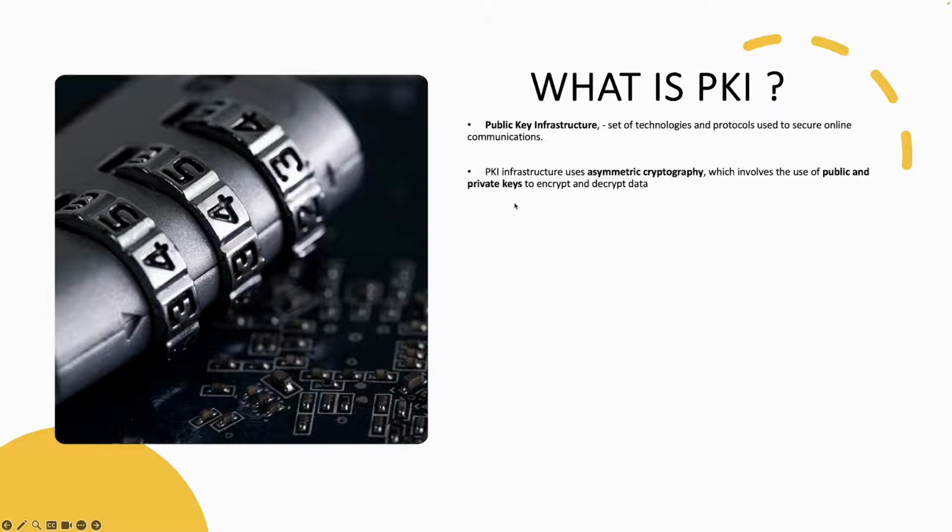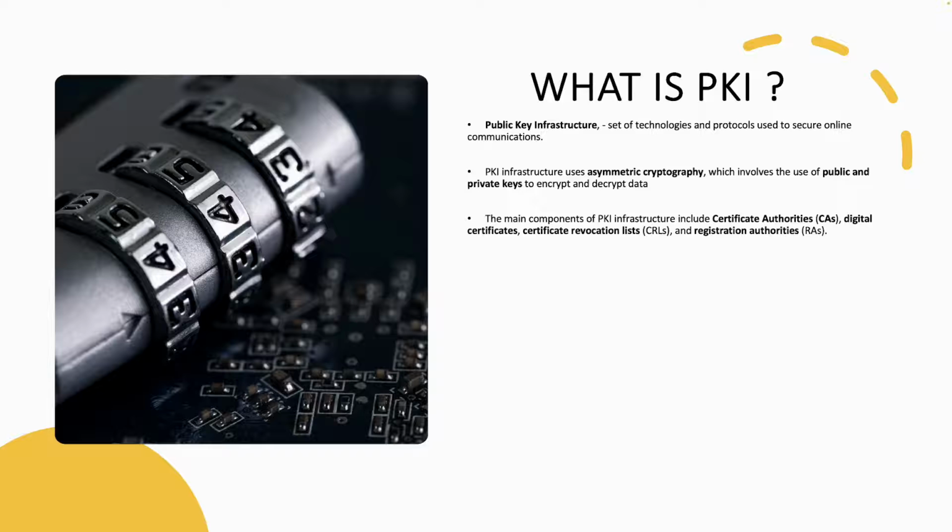Asymmetric cryptography means that you are using a public and a private key pair. It could be used either for encrypting or for decrypting. I always tell, you can either encrypt using a public key and decrypt via private key, or you could encrypt via private key and decrypt via public key. So it's always these kinds of use cases which are there. Very important things, and we'll learn about these as we go forward.